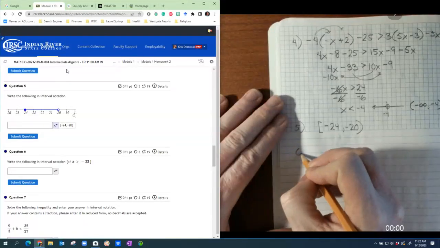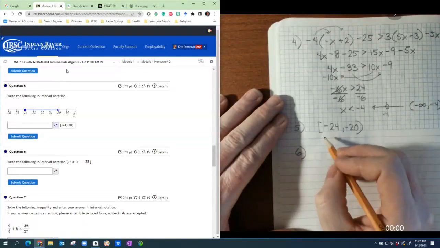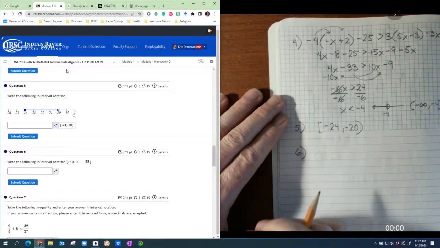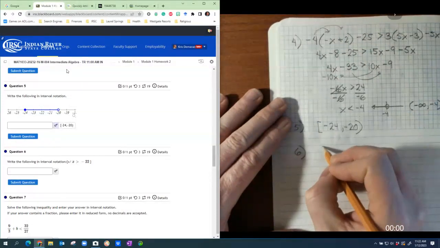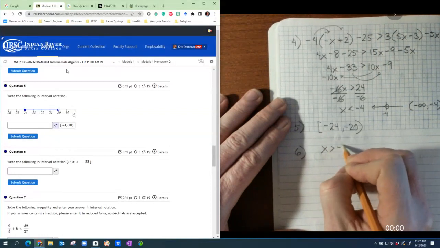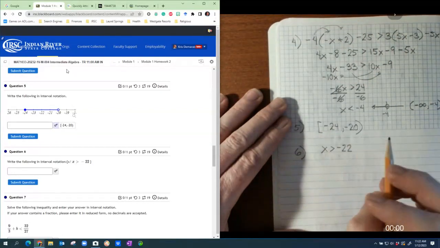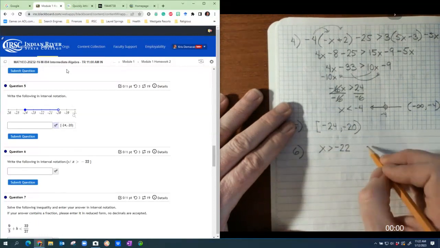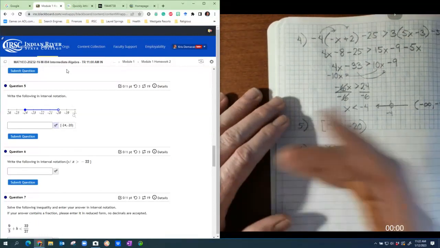All right, number 6. It says write the following in interval notation. Now, this is what we call set builder notation when it's written like this. So all we're really asking is to write this into interval notation, and we're going to follow that model I gave you earlier.